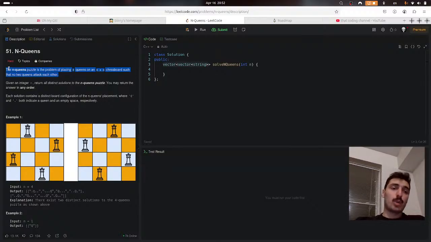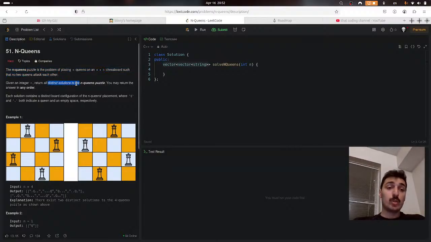This is a hard problem because queens attack vertically, horizontally, and diagonally. Given an integer n, return all distinct solutions to the N-Queens puzzle. You may return the answer in any order.